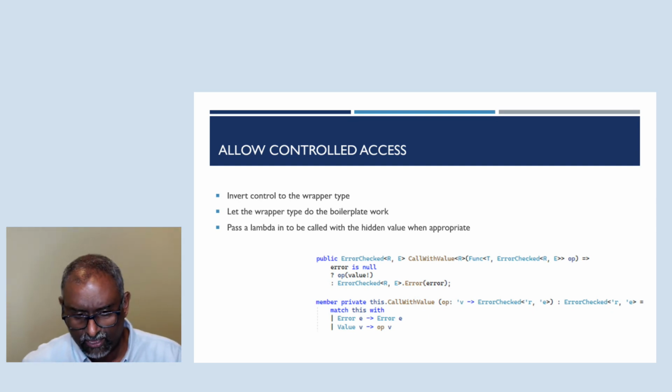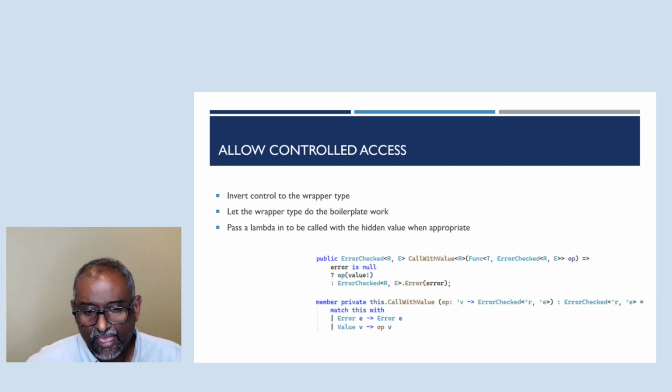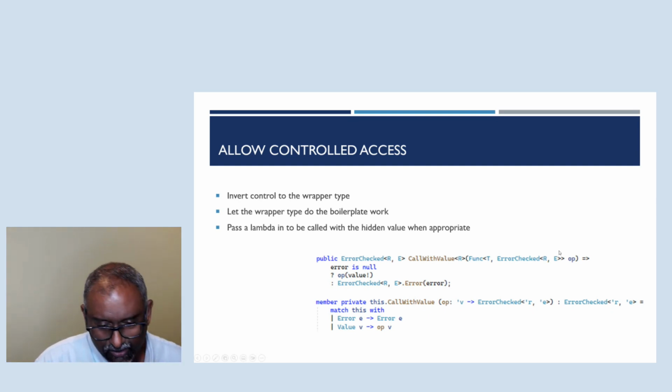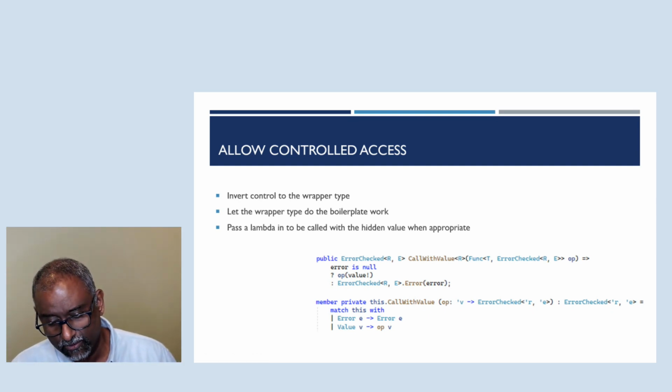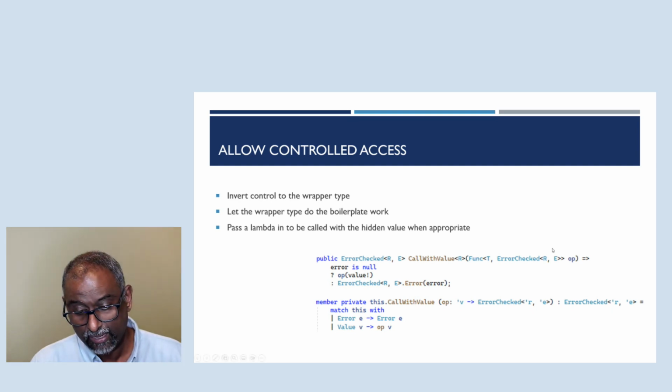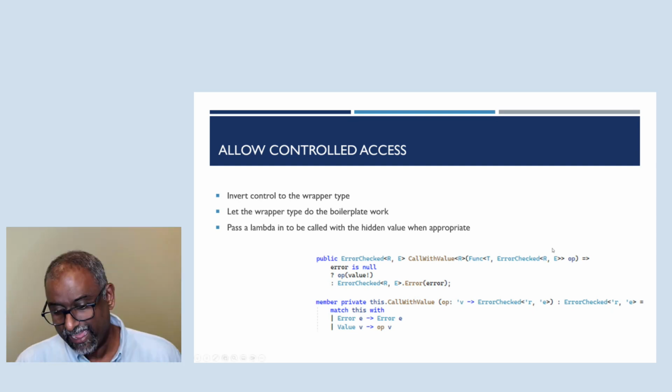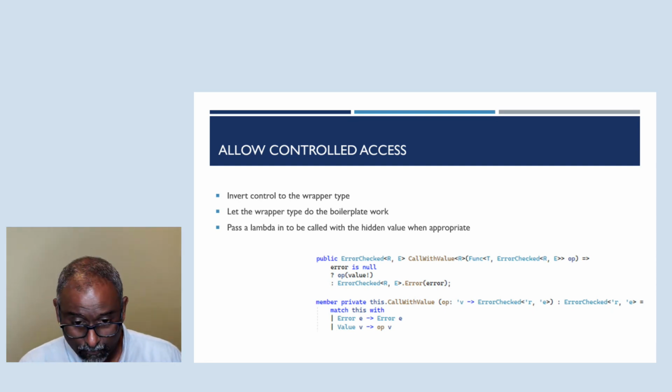So we'll add a method on the wrapping class, which is literally the only way you can get a handle to the internal values. Except that we are going to be super smart, and we're going to pass in a lambda. So we're not going to give back the value to the caller. We're going to say, I have the value, you tell me what you want done with it, and I'll do it for you.